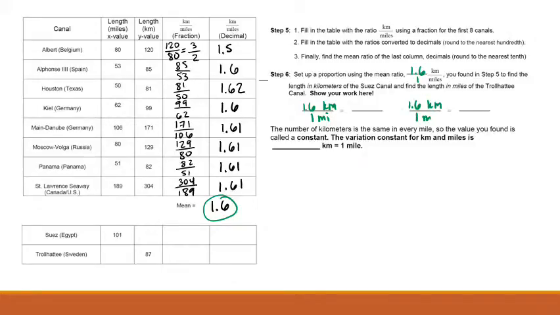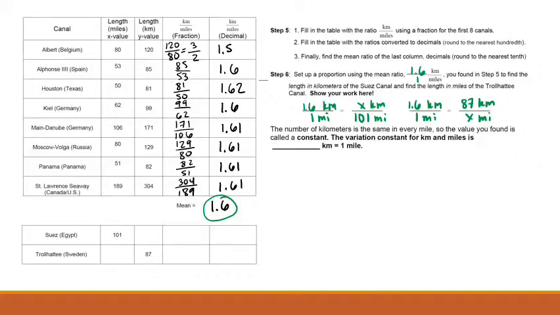So I'm just going to do that now. And then for the Suez Canal, the length in miles is 101. So I'm going to match up 101 with miles and put X for kilometers. And on the other, for the Trollhätte, I'm going to put in 87 for the kilometers and have X for miles since I'm solving for miles.